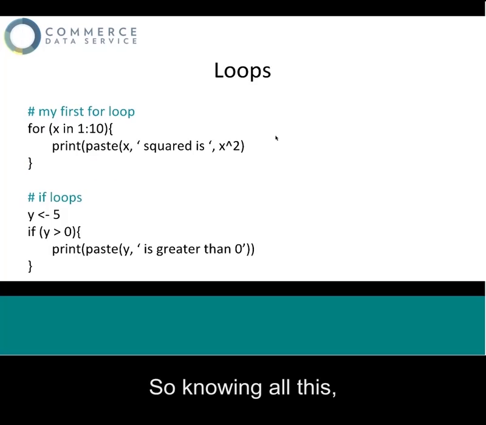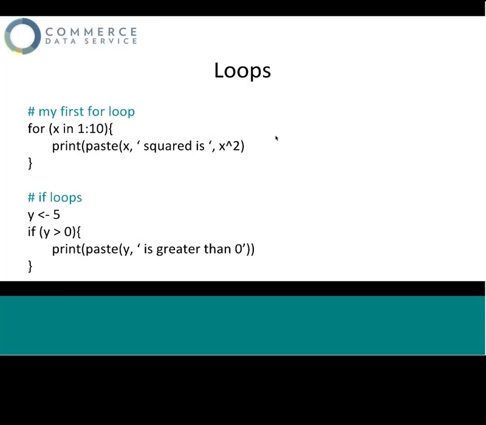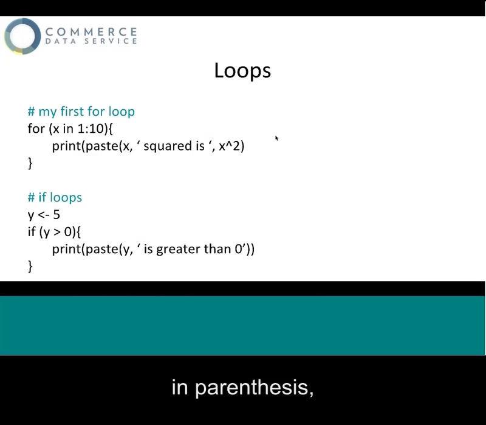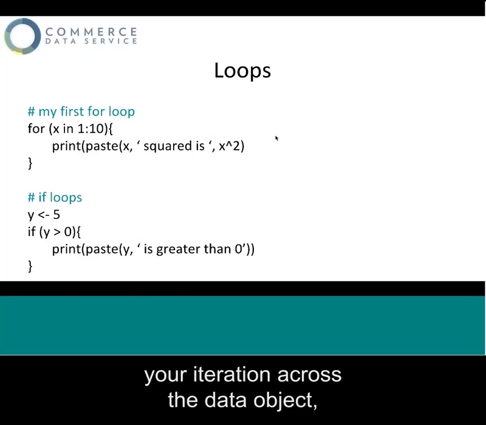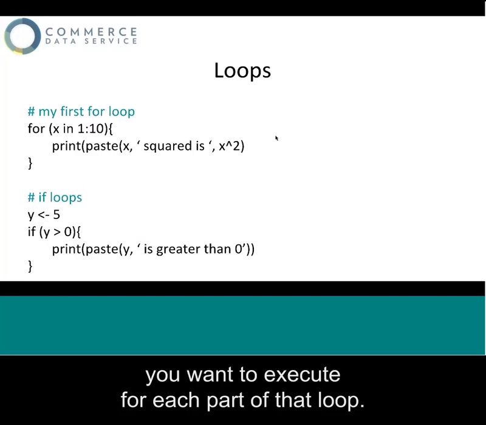So knowing all this, we start with our basic loops. The syntax for a loop is basically for, then in parentheses your iteration across a data object, and then curly brackets around the commands you want to execute for each part of that loop.